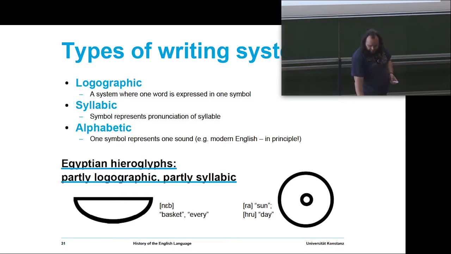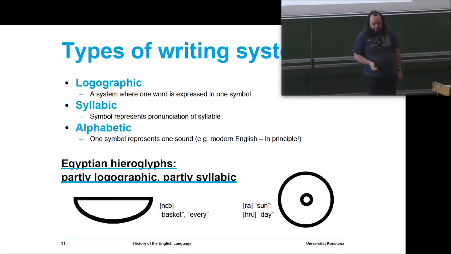Right? In general, writing systems can be one of three types, and sometimes there are mishmashes of these types. Writing systems can be logographic, where a symbol represents a whole word. They can be syllabic, where a symbol represents a syllable, or they can be alphabetic, where a symbol represents a single segment or a single sound.